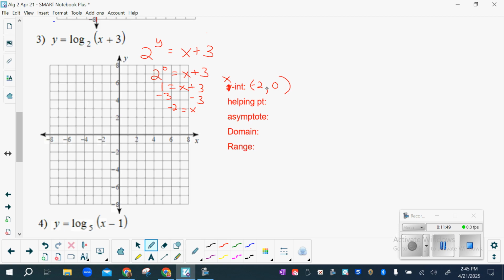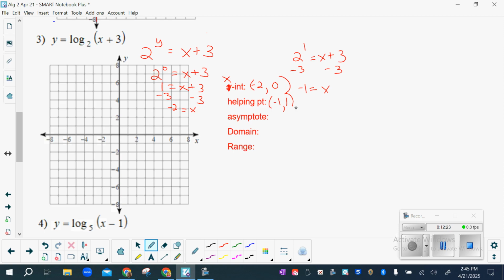Sorry, I didn't start the helping point yet. So 2 to the 1 equals x plus 3, and so what would that point be? -1 is your x value, and what's your y value? 1, that's right, -1, 1. Does that make sense? Geronimo and Sophia, does that make sense? I know we switch. I know that's a little tricky.